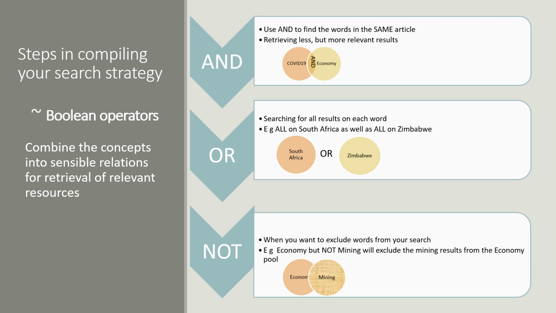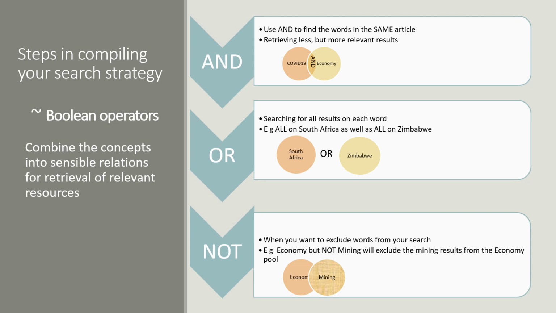You will then retrieve articles on economy as impacted by COVID-19 in South Africa, as well as articles on economy as impacted by COVID-19 in Zimbabwe. You will OR these two sets to get everything in combination with Zimbabwe as well as South Africa.